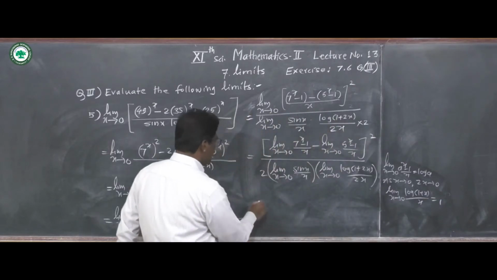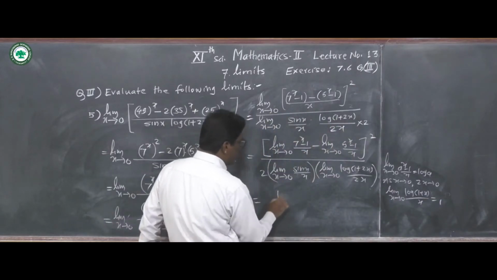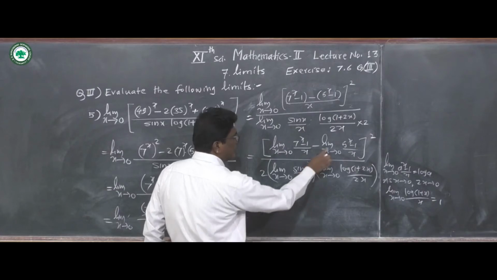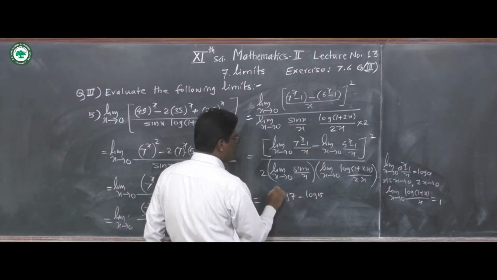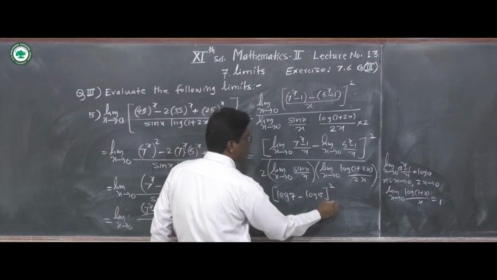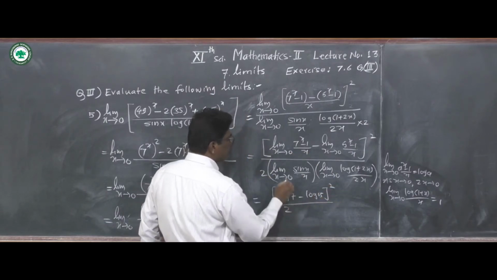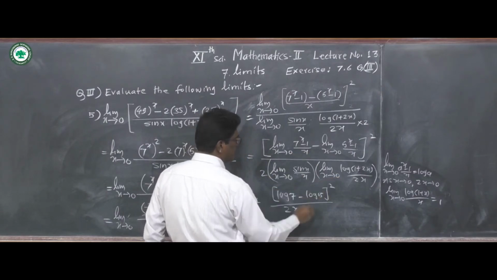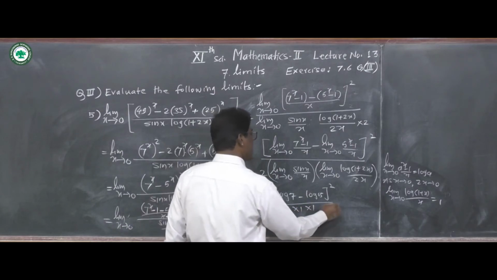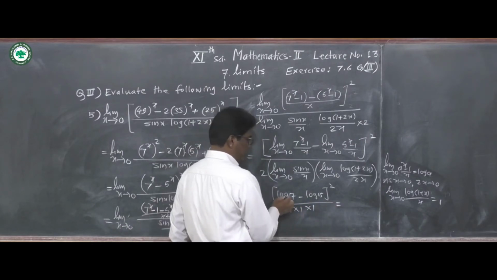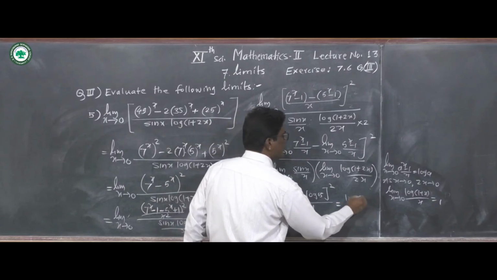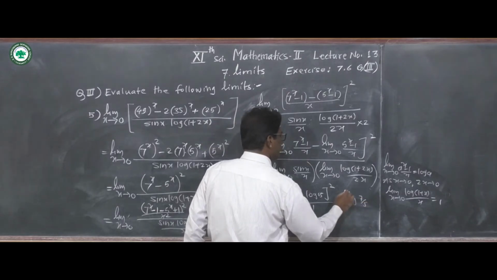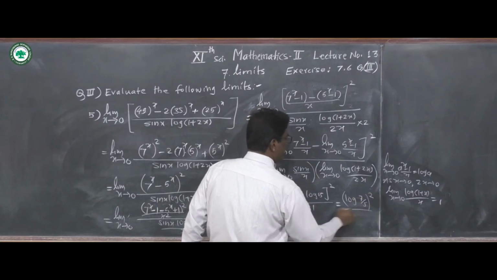So it is equal to, this is log of 7, and here it is log of 5. (Log of 7 minus log of 5) squared, divided by 2 into this 1 into this 1. So it is equal to, now take here log common, (log of 7 upon 5) squared divided by 2.